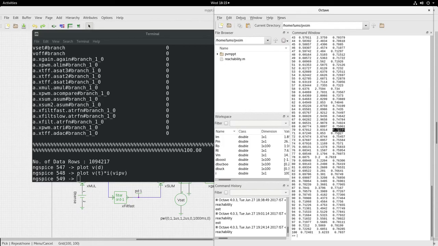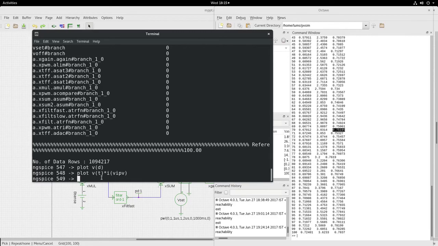So let us alter the R0 value to 70 and resimulate. The duty cycle should settle down at a new value, yet still draw peak power from the PV source.